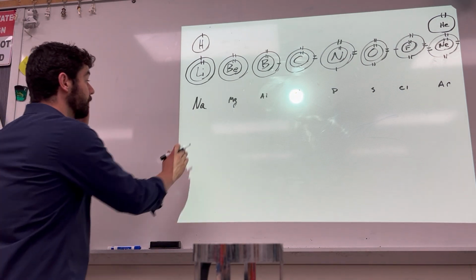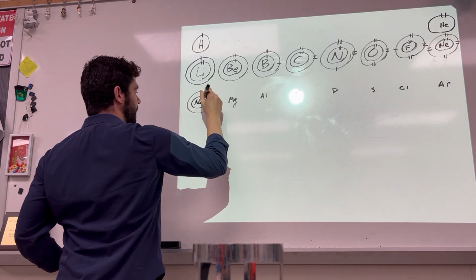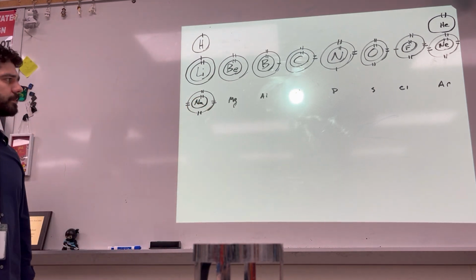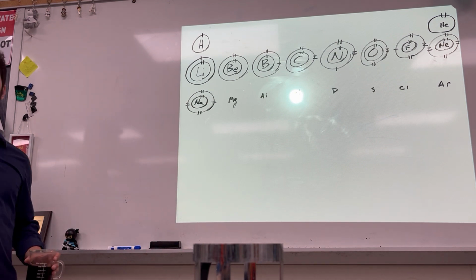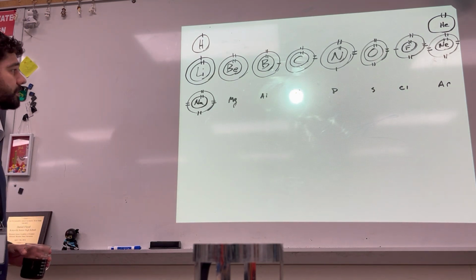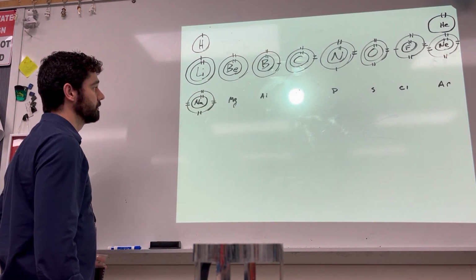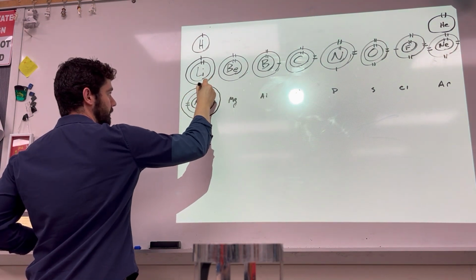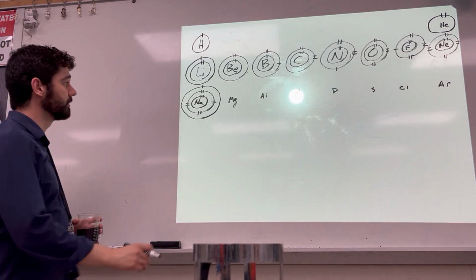If I go over to sodium, I know I definitely need at least two rings here. Sodium is element number 11, so I need 11 electrons. I've already got 10 here, and both these rings are full. So for sodium, I have to go to my third ring so I can fit all of my electrons. And I am not going to have space here.